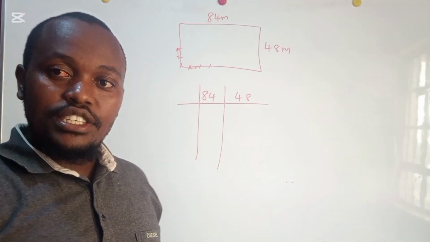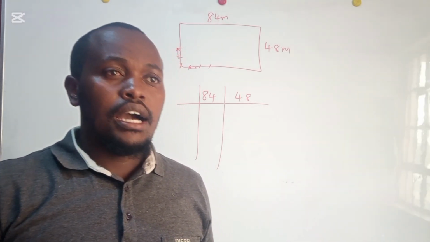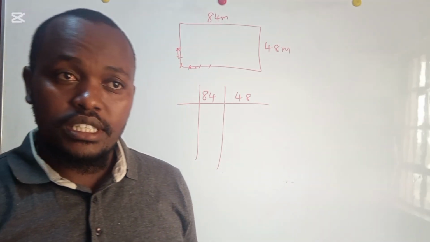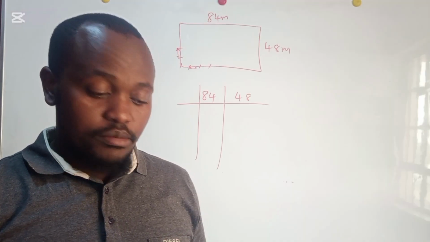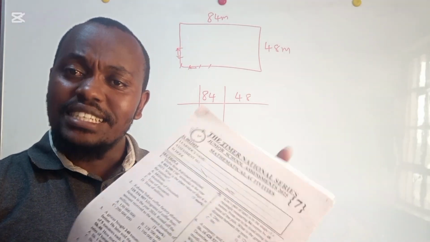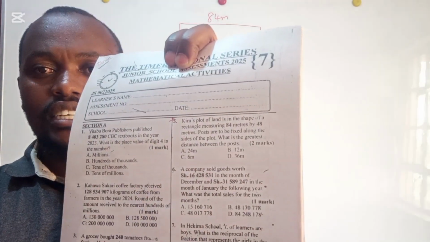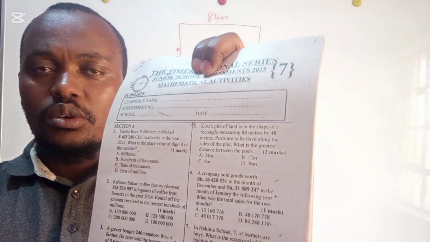The other part is to understand a question, especially nowadays. Let me tell you, I've been teaching KCSE students at Form 4. One of the greatest challenges they have is reading, comprehending and interpreting these questions.